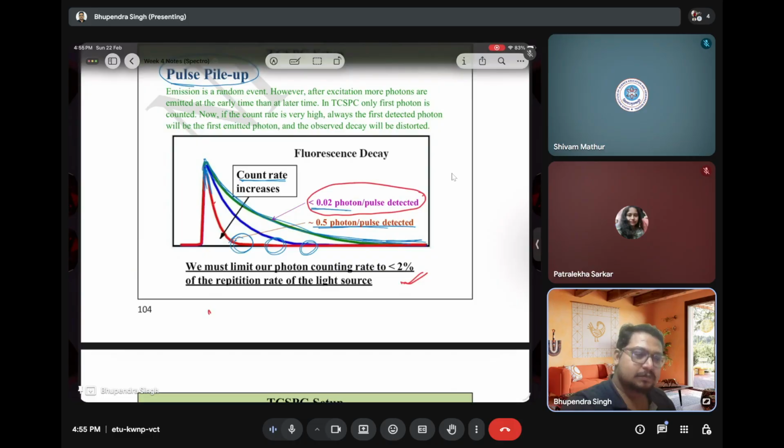Using these three options, you can adjust the count rate. So this has to be low, otherwise you will not get the correct lifetime. So this is the pulse pileup.